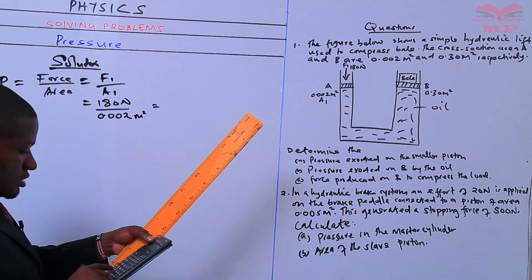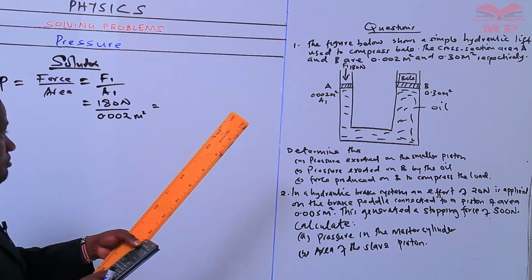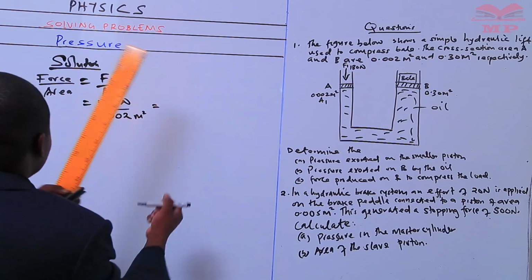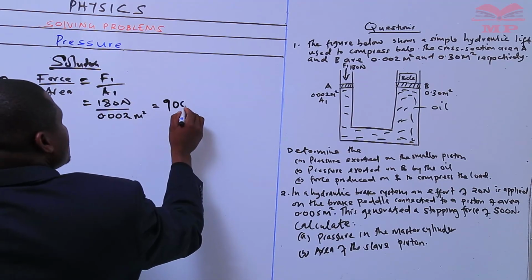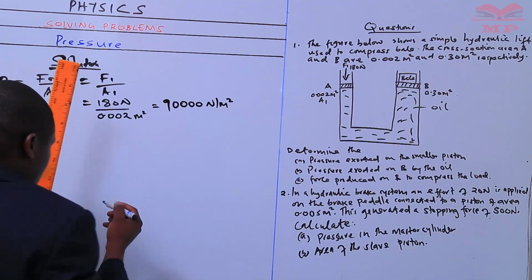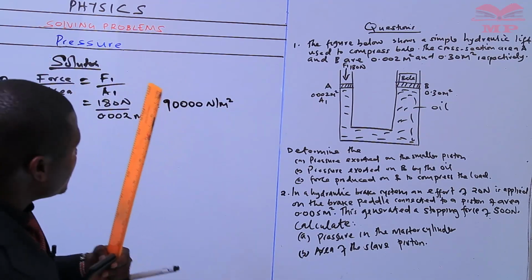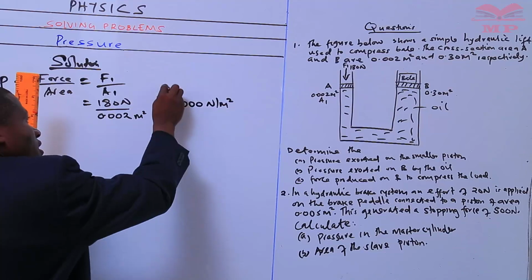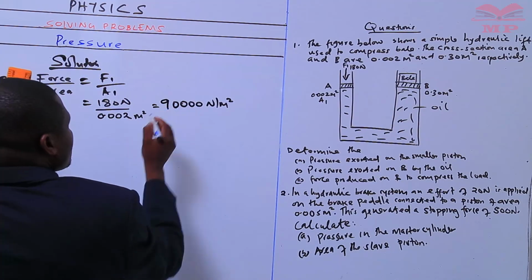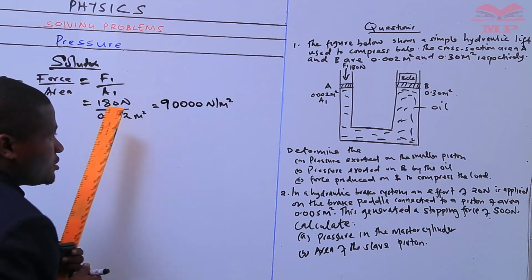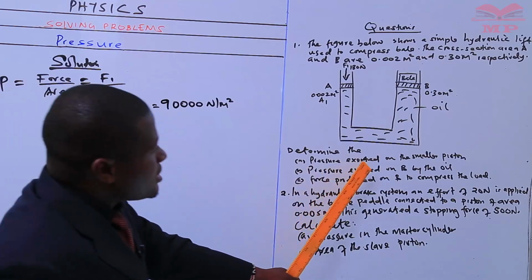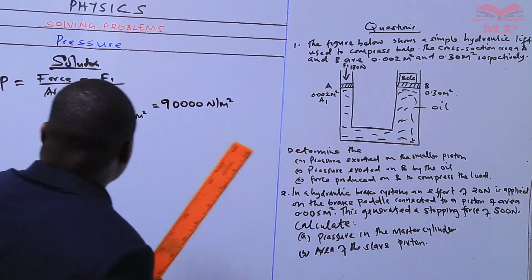It gives me 180 divided by 0.002, that is 90,000 Newton per meter squared. Then part B, pressure exerted on B by the oil.